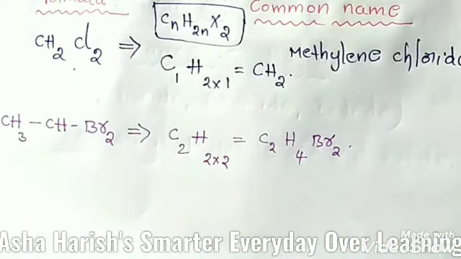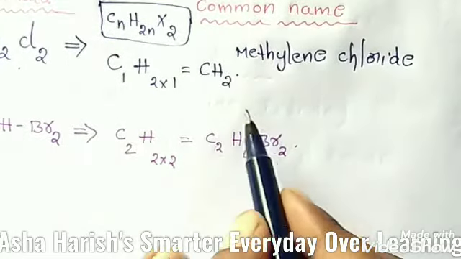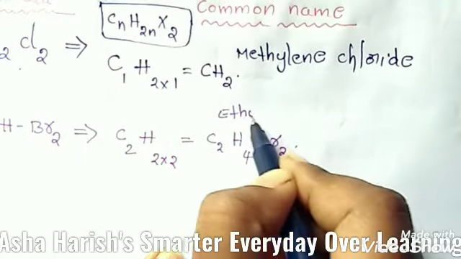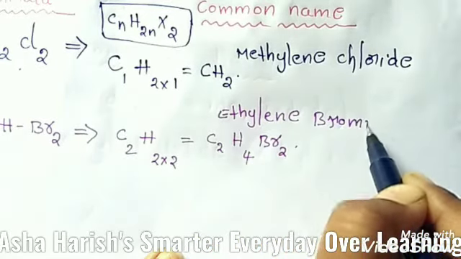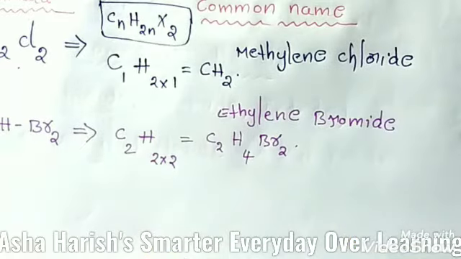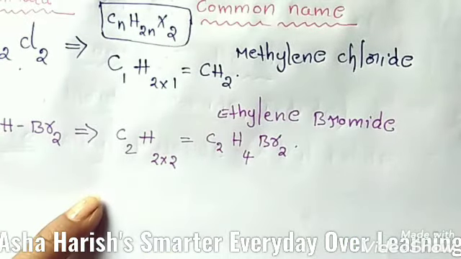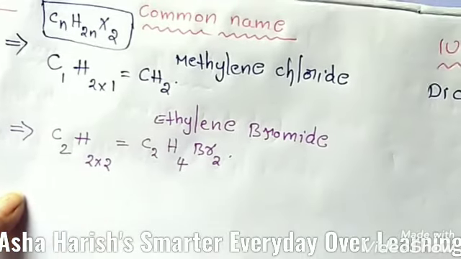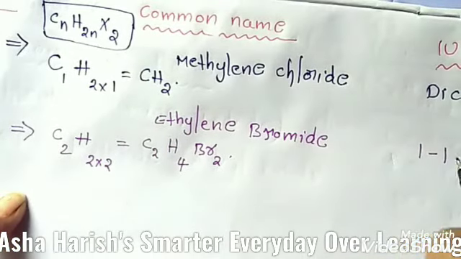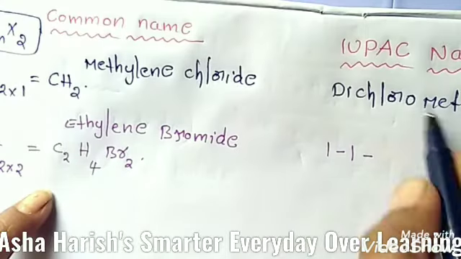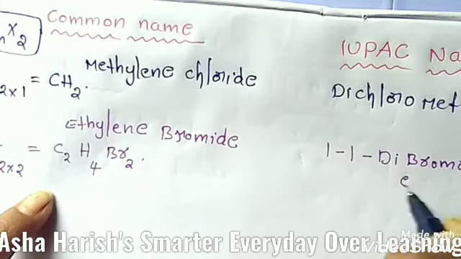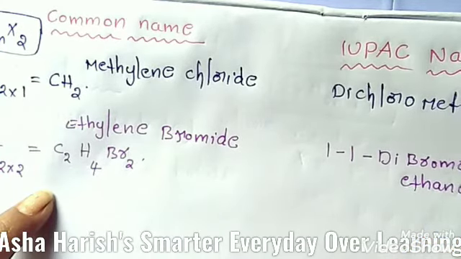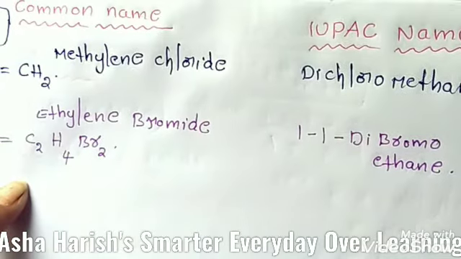The common name is ethylidene bromide, and the IUPAC name of this compound is 1,1-dibromoethane.